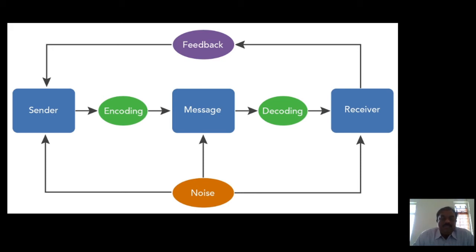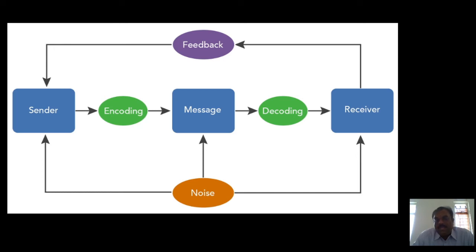Now, if the receiver receives the message and understands it properly, then he will convey his acceptance of the message, or his feedback on the message, again to us. Here the process gets reversed. The receiver becomes the sender.